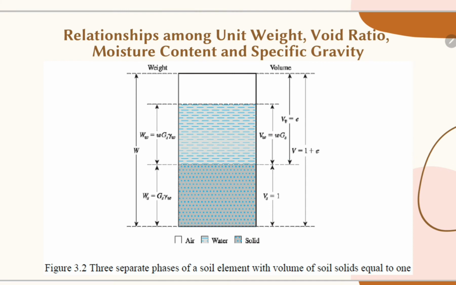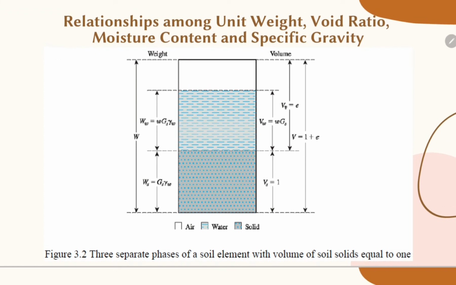And now, let us get the relationships among unit weight, void ratio, moisture content, and specific gravity. So, as you can see here in figure 3.2, are the three separate phases of a soil element with volume of soil solids equal to 1. Okay, so we denote the volume of the soil solids equal to 1, and we denote that the weight of the soil solid is GS, or specific gravity of the soil solid, times gamma of water.